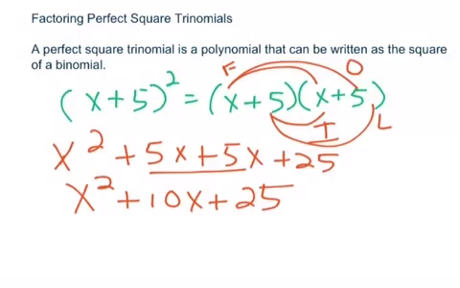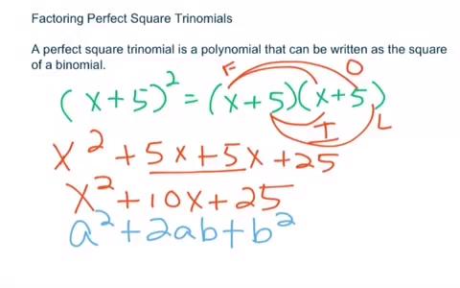All perfect square trinomials are of the form a squared plus 2ab plus b squared. We can see that our trinomial, x squared plus 10x plus 25, fits this form if we equate a with x and b with 5.